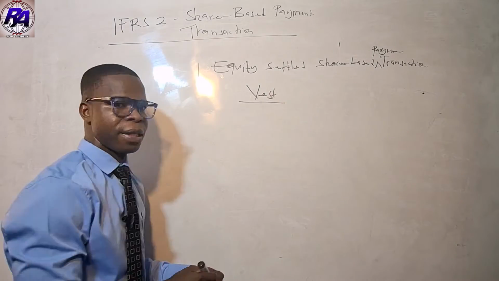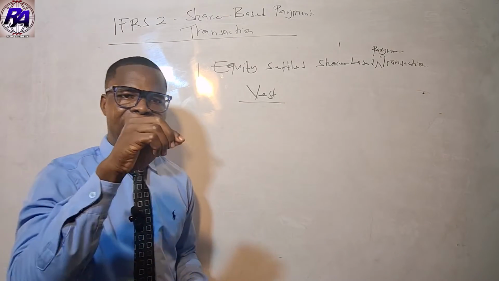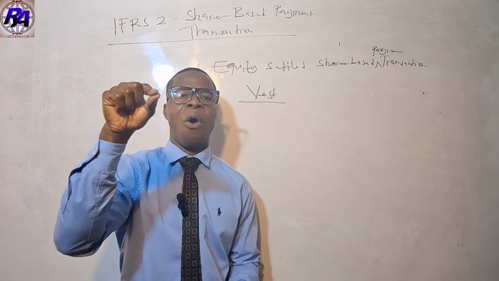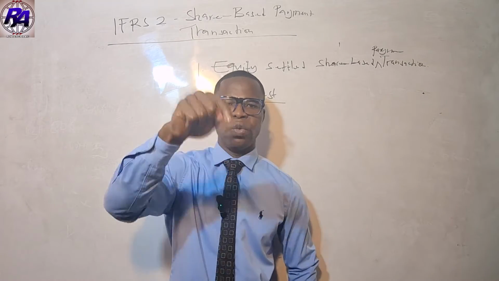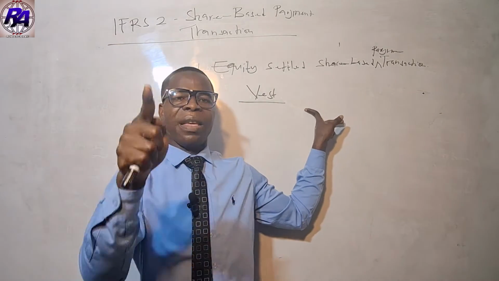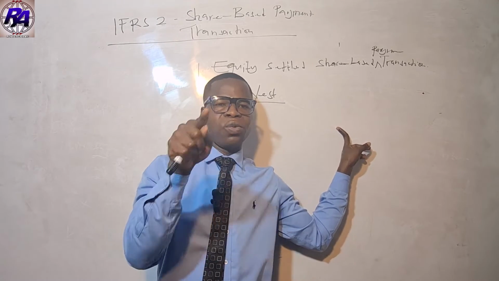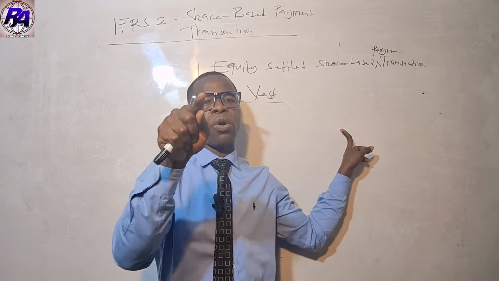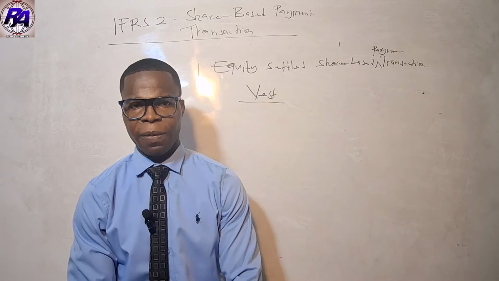What's the meaning of vest? It means that there is no service or performance condition attached to that particular contract, so that at that date, the employee becomes unconditionally entitled to all equity instruments or share options being issued by the entity.